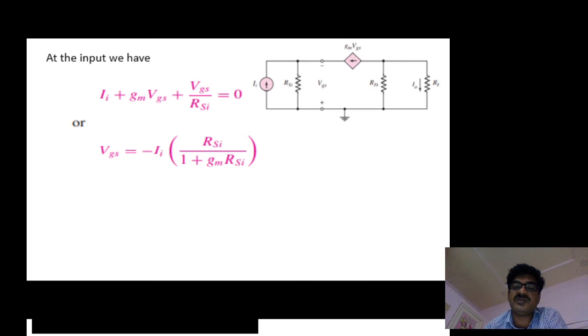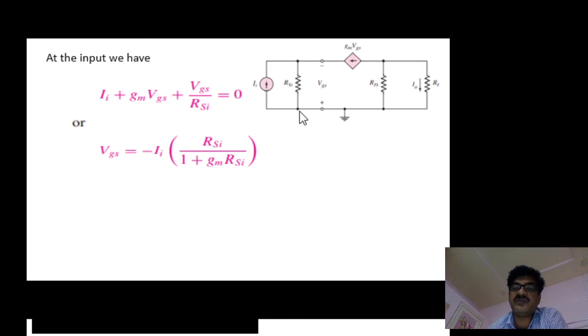Now convert it into the Norton model, in which we have a current source in parallel with its internal resistance. That's why at the input side the voltage source is converted into a current source like this. The current source magnitude is IA and its internal resistance RSI is connected in parallel.